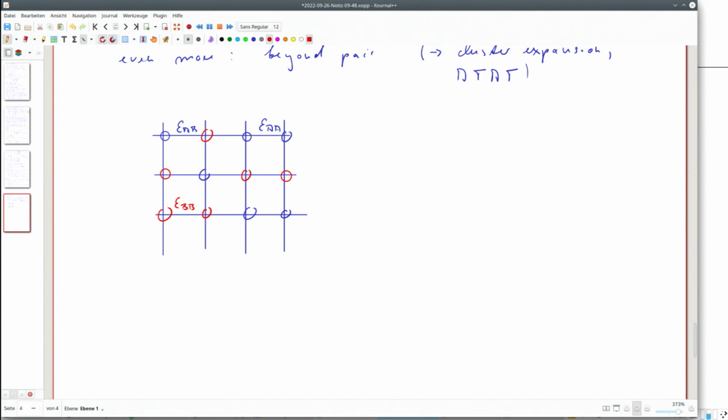Then if you choose a pair for exchange, say this one here, you can very simply calculate the energy change, the delta E: this pair exchange energy times the change in number of AB pairs.